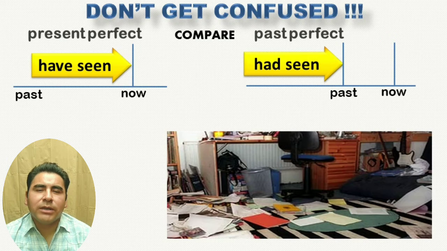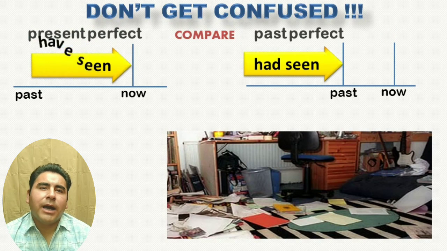If we talk about past perfect, it's not the same. The action started at some point in the past, and it stays in the past, but now is a different time. That's why those are different.